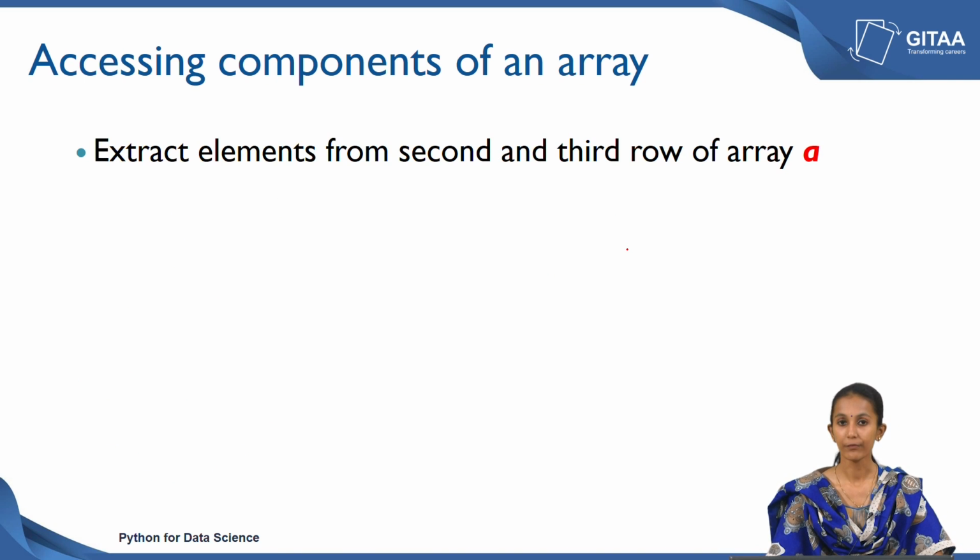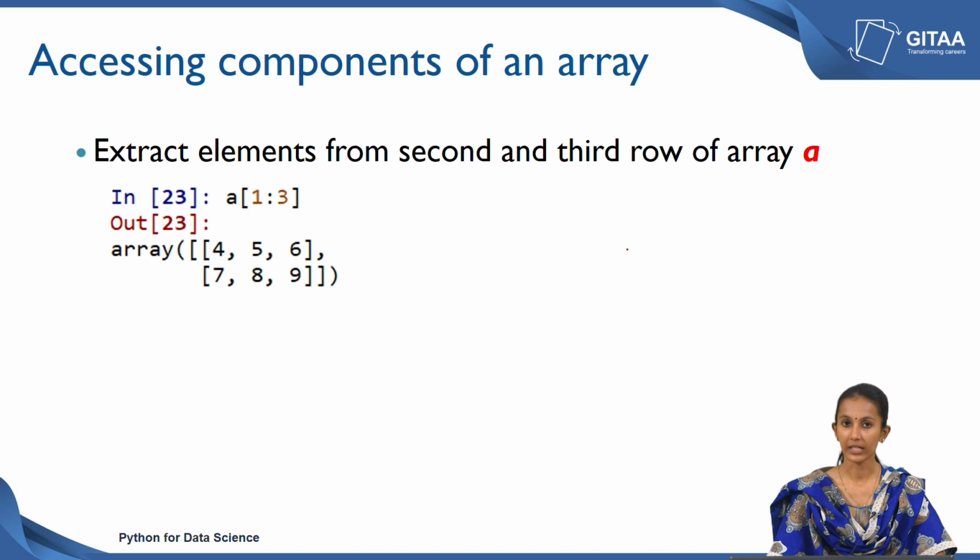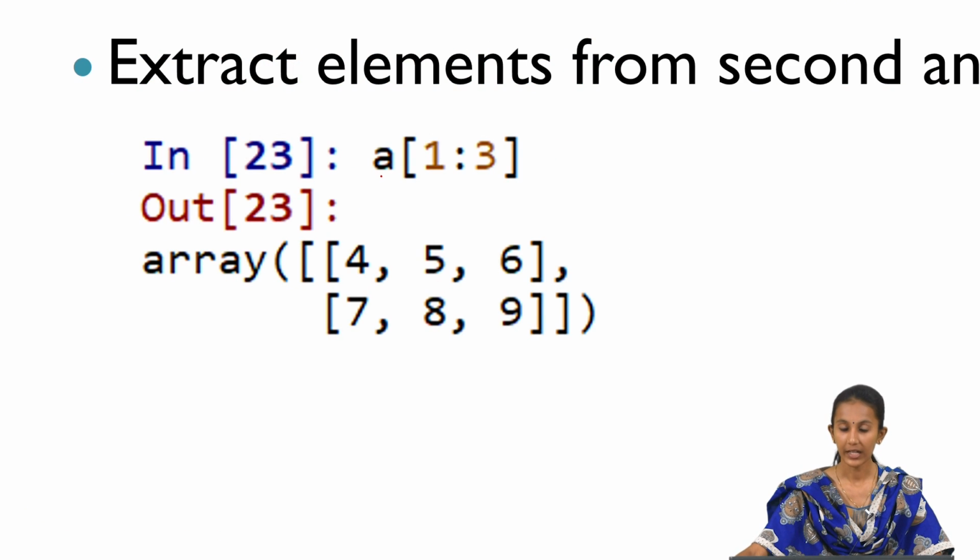Let us say we wanted to extract elements from the second and third rows of array A. The command is array name A followed by the index numbers. We wanted the second and third rows, so the corresponding indices will be 1 and 2.